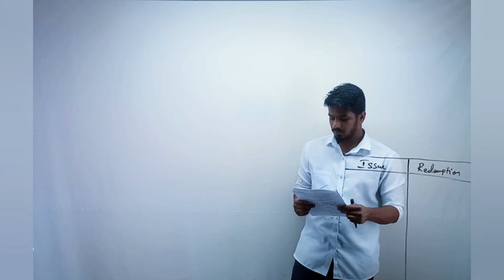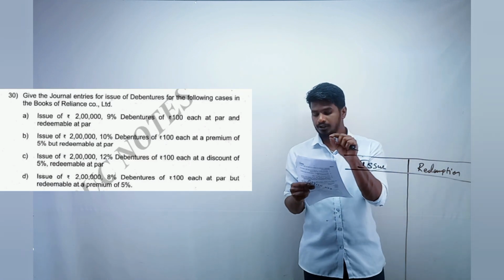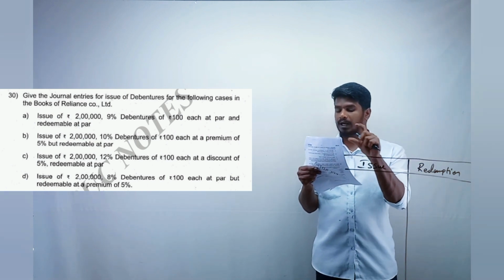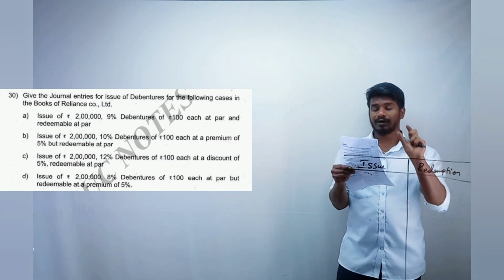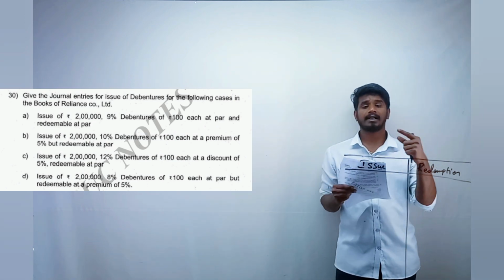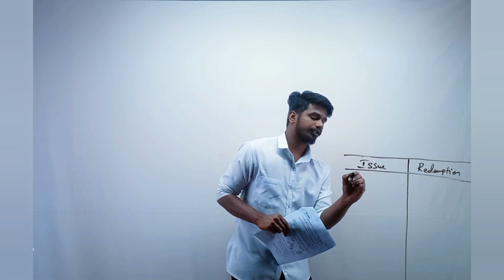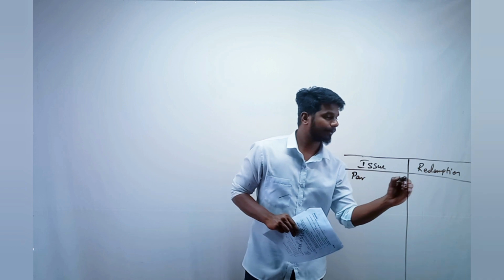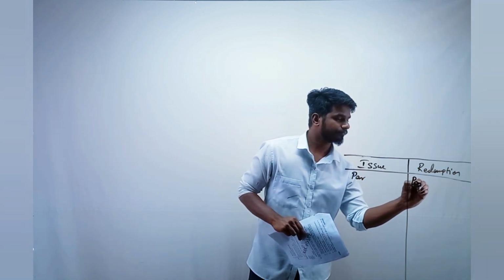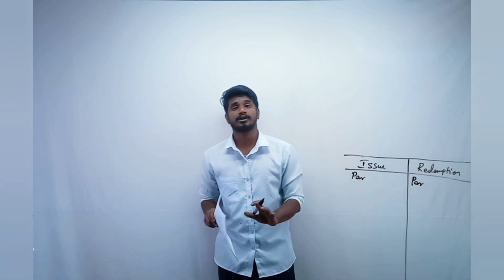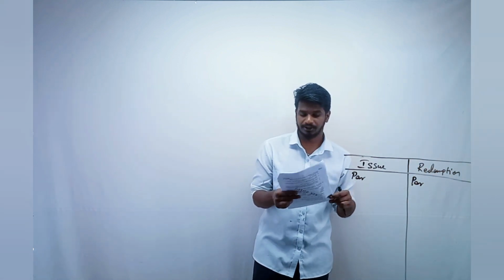Correct. So the first one, A, you can see on the board, issue of 2 lakh 9% debenture of 100 each at par and redeemable at par. So they are issuing at par, correct, and redeeming at par. Issuing at par, redeeming at par, which means they are issuing 2 lakh debentures, correct?